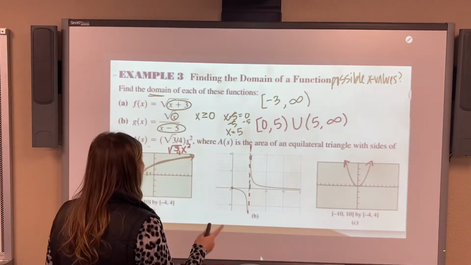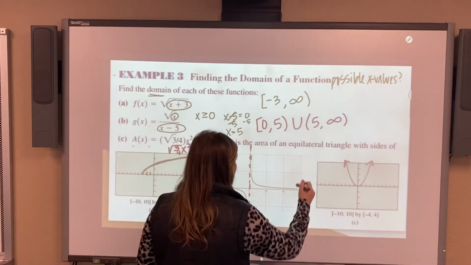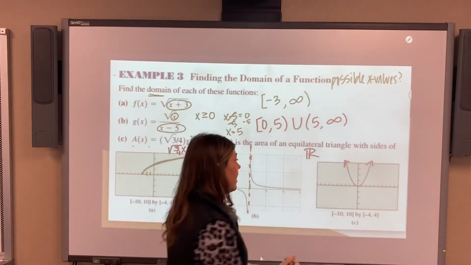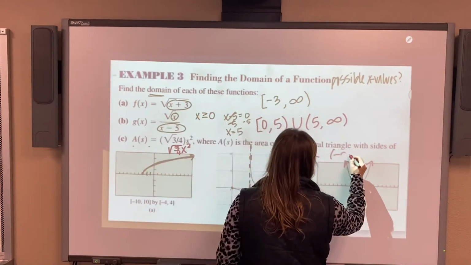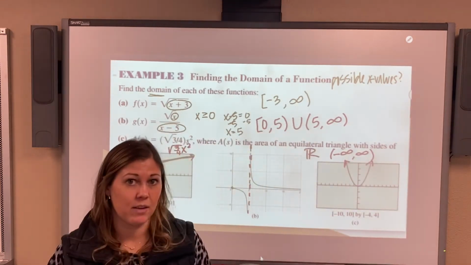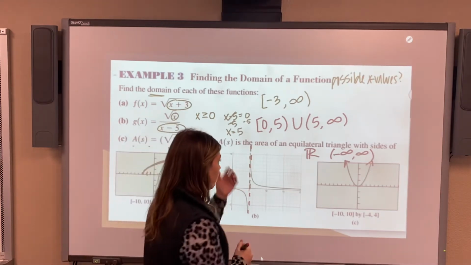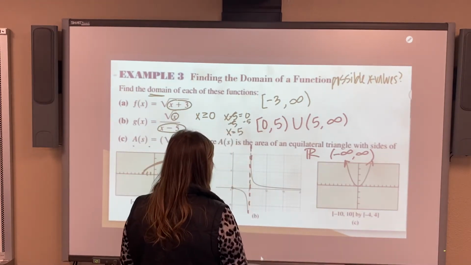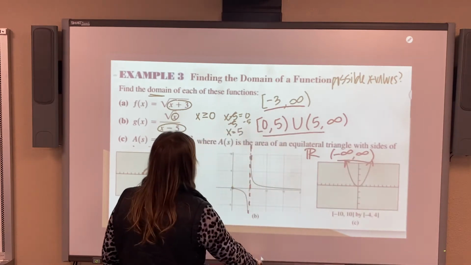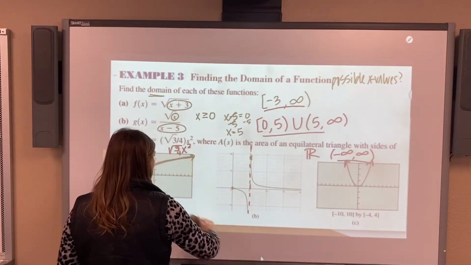Okay, so this is a symbol for all real numbers. To write our solution set, it's just from negative infinity to positive infinity. And infinity is never included, so those are parentheses. So forever left to forever right. Okay, so those are how you write the answers for domain of a function.